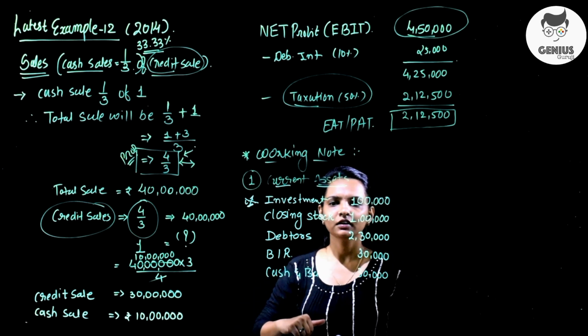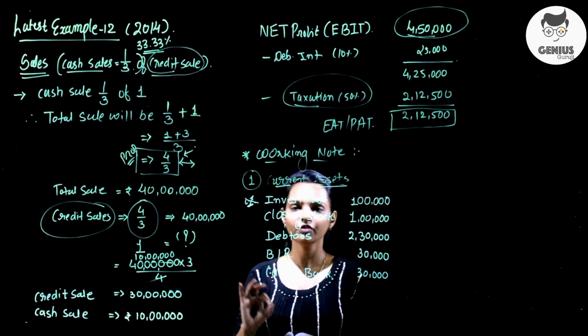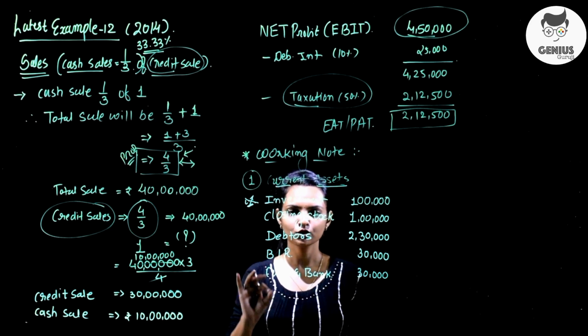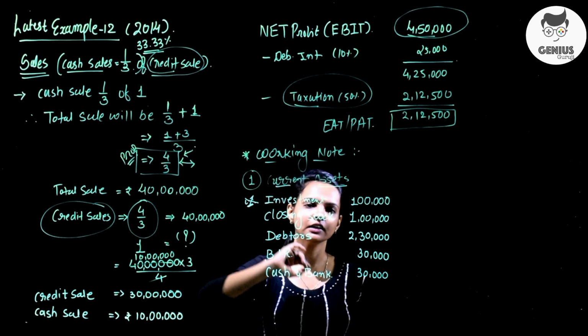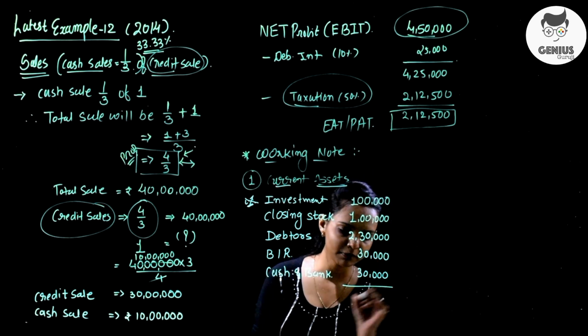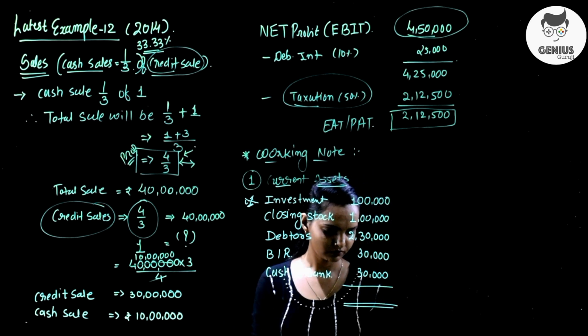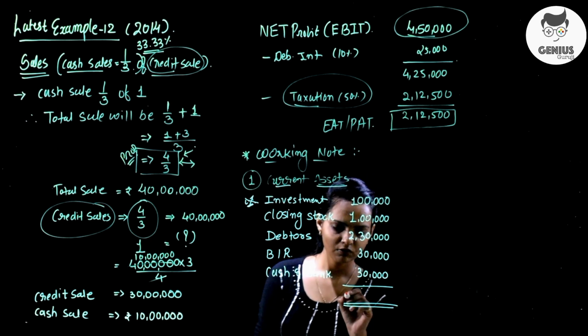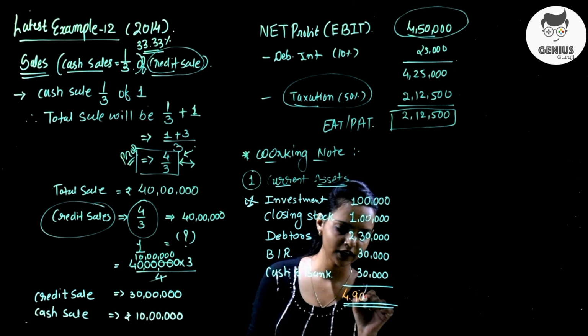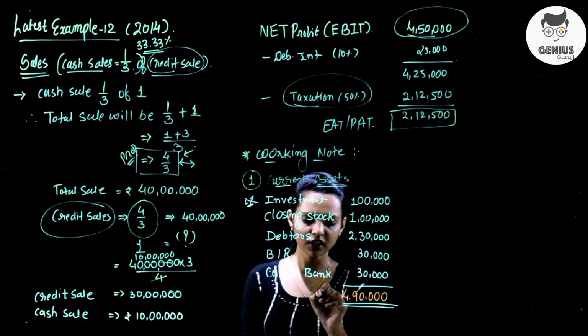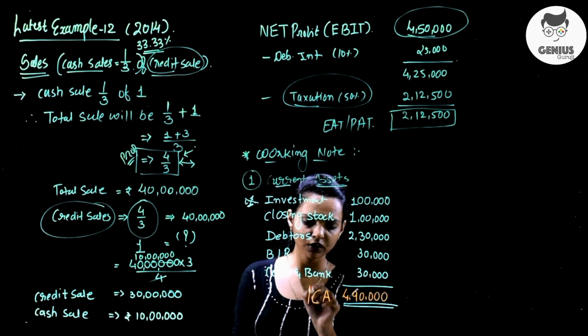After cash and bank, they have given us information of fictitious assets. Okay, so these all are the current assets. My total will be 4,90,000. Okay, this is my total of current assets.